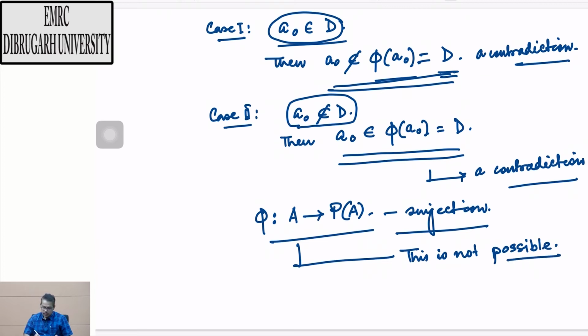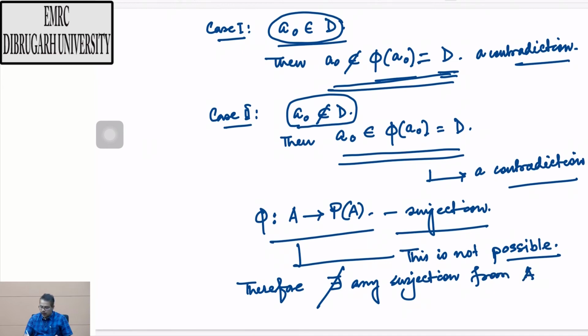Therefore, there does not exist any surjection from A onto the power set of A. This is what we have proved.